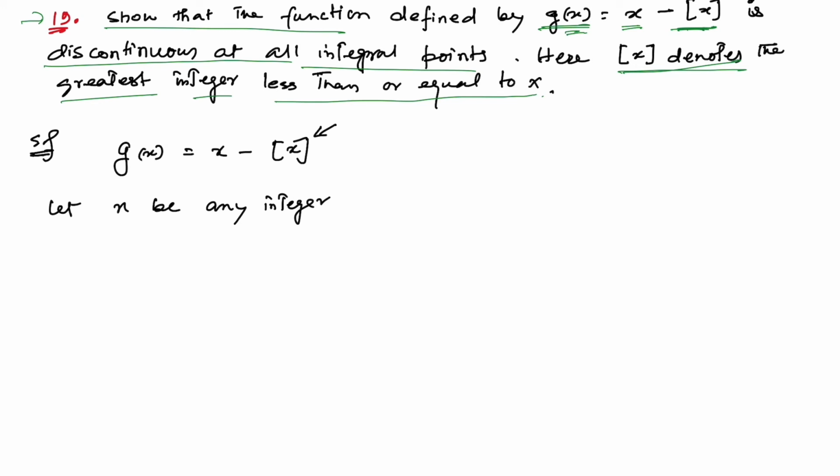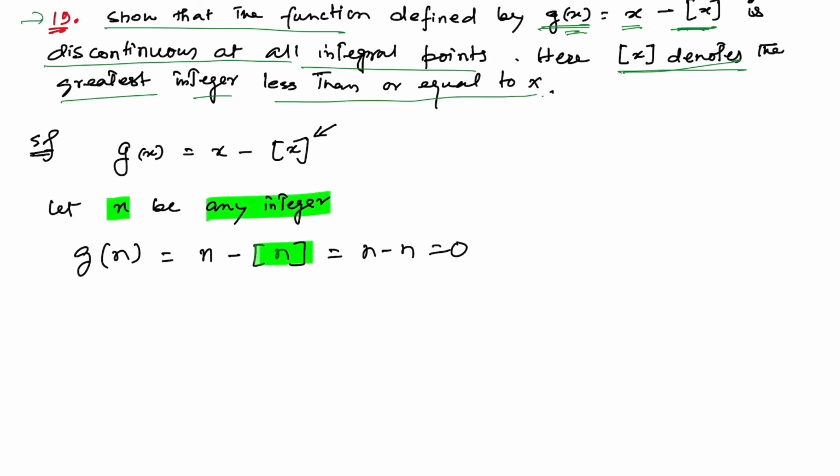Then g of n will be n minus the greatest integer function of n, which is n minus n, equal to 0, because we have considered n to be an integer. If it is an integer, then its greatest integer function will also be n. So that is equal to 0.